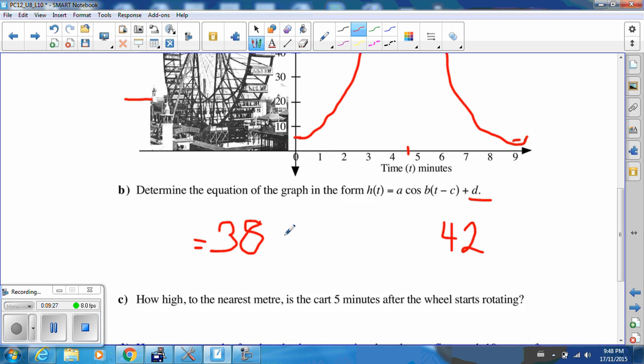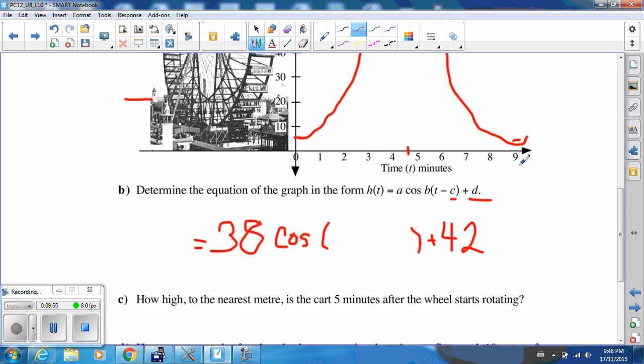Now it's going to be a cosine graph because the equation says so. Again, there's nothing that makes it cosine or not cosine. Although if we had a negative cosine, we'd be loving life because I could just start at my minimum and not even have to use a C value. Because it's a positive cosine, I'm going to need a C here. So the next part I need to figure out is my B value, my period, which we already know is 9 seconds.